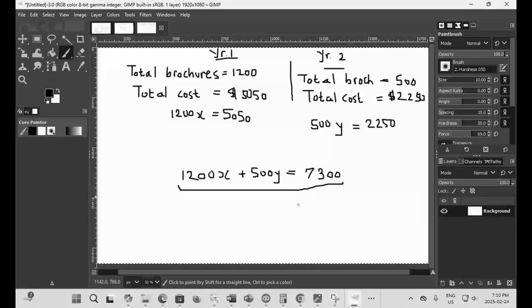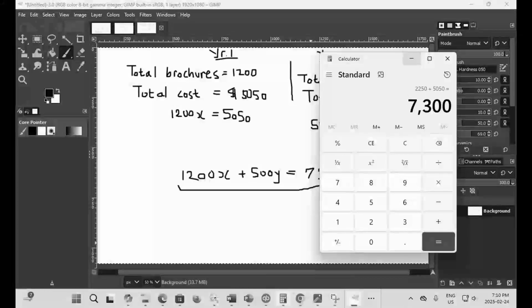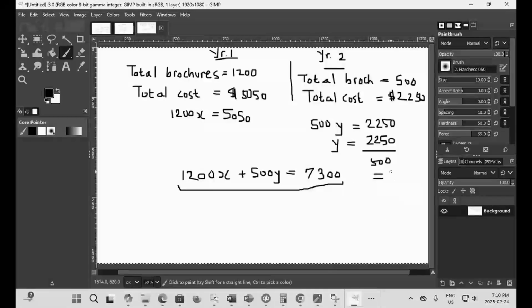Now to solve for x, you will need to sub in a value for y. To find y, we can go back to year two and divide 2,250 by 500. This will get you your y. So 2,250 divided by 500 will be 4.5.